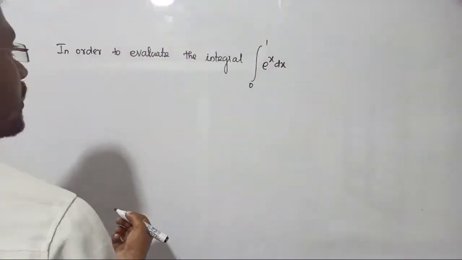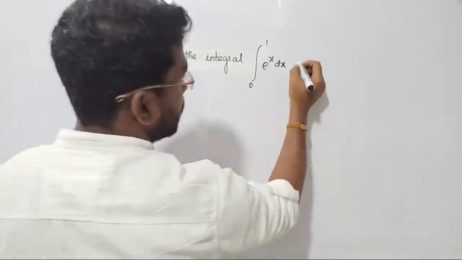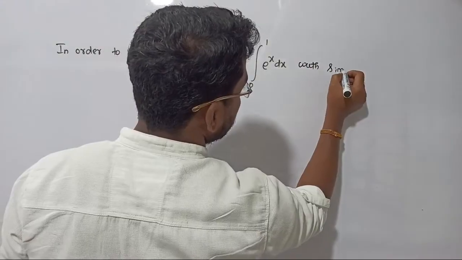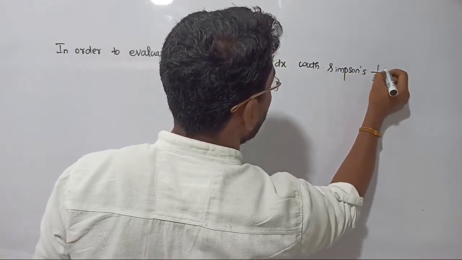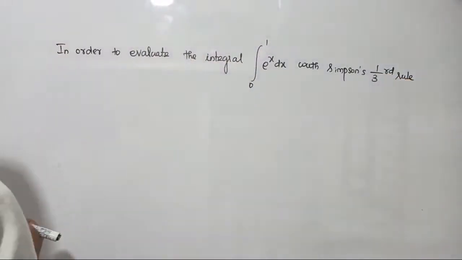In order to evaluate the integral 0 to 1 e power x dx with the Simpson 1/3 rule, right? With the Simpson 1/3 rule.